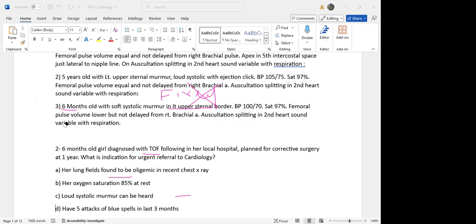We have already discussed this in our 5th lecture. Attack of blue spell. Yes, very good. If you have frequent cyanotic spells, then you are not going to wait for the corrective surgery. You will definitely refer the child to cardiology for further assessment. Okay. Next question.